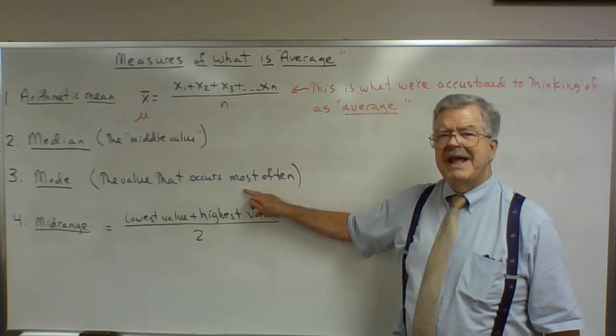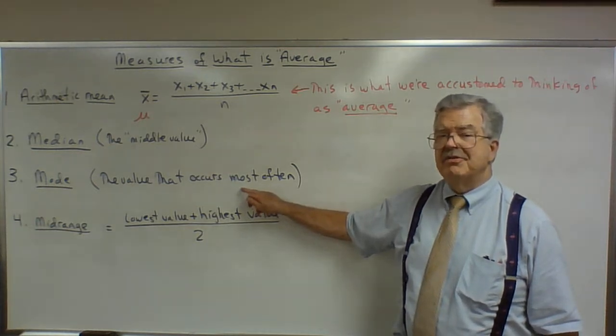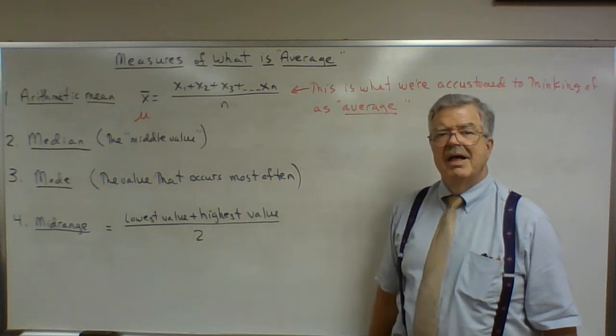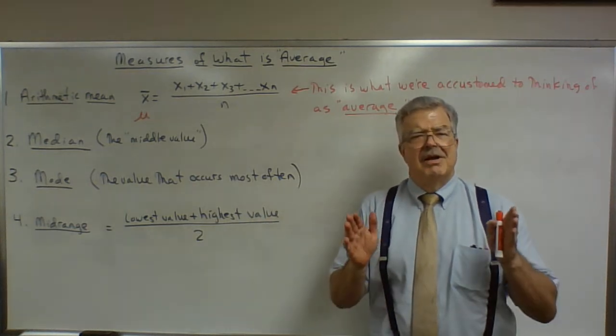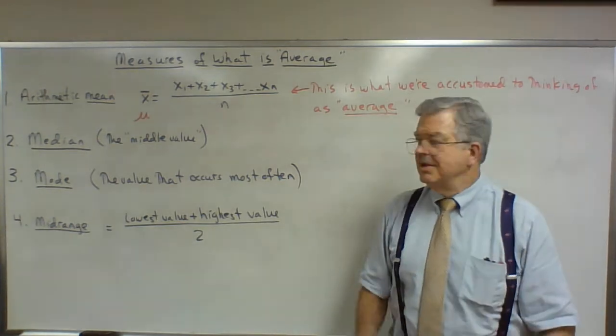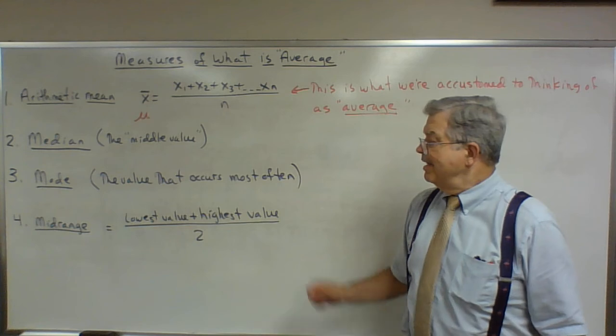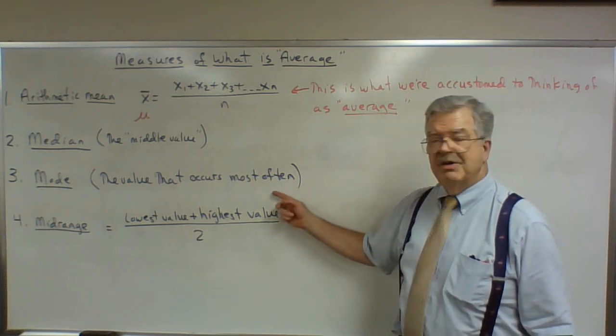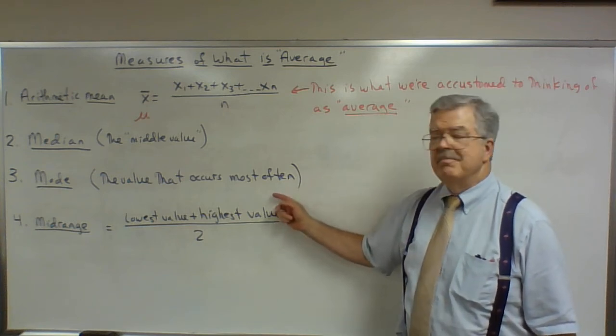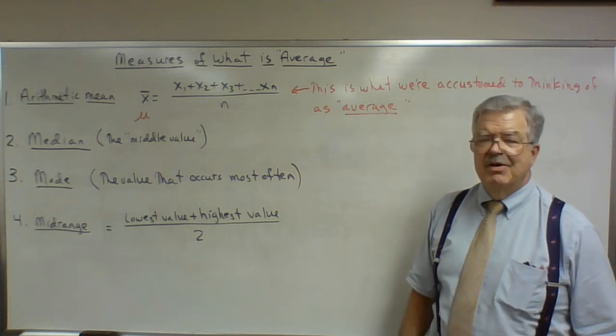The mode is the data value that occurs most frequently. And wouldn't we expect what is typical to occur more frequently than the other values? So this is one of the reasons that we use mode as a measure of average or a measure of what is typical.